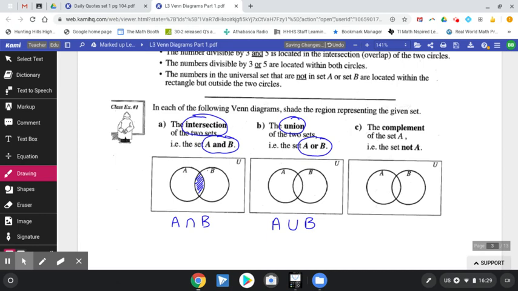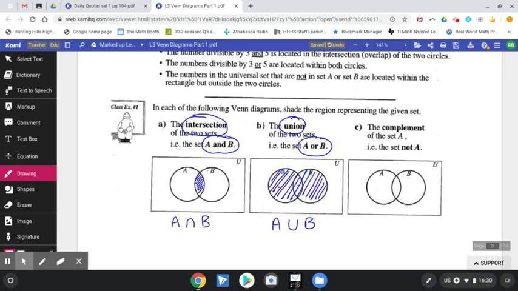So if I had an element that belonged to A or B, and that's all I told you, well, you could put that element here or here or here. It's not really clear where it would go. But if it's A or B, it's like we're adding those two sections together. So everything in both circles represents A or B.